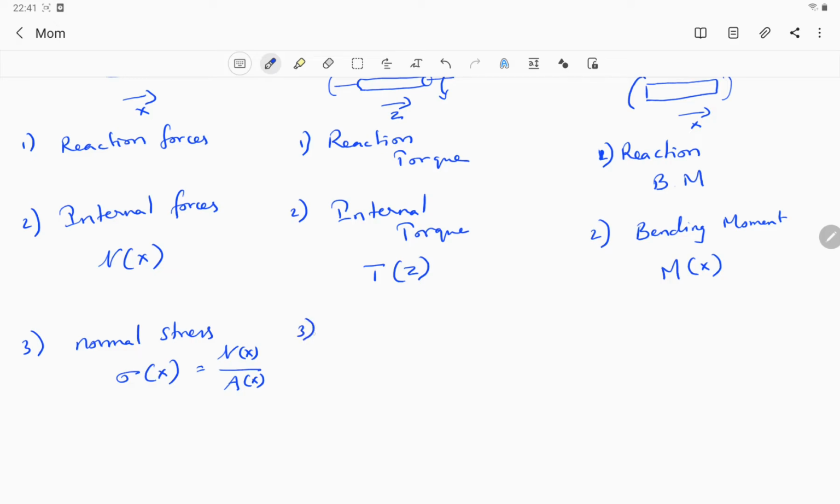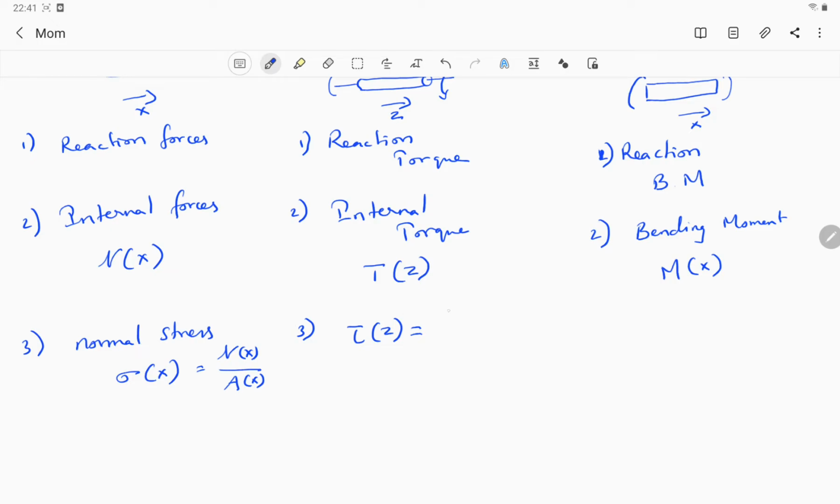In the torsional element, in the place of sigma we will be calculating tau, which could be a function of z, and what is the formula to calculate tau?